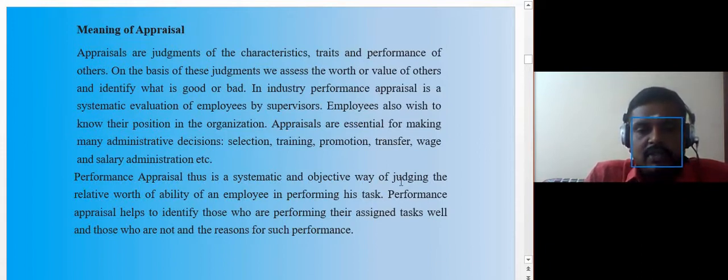It helps to identify those who are performing their assigned tasks well, and those who are not, and the reasons for such performance.